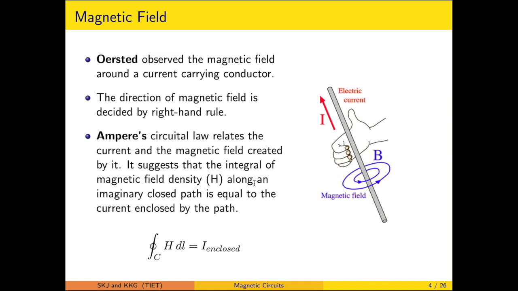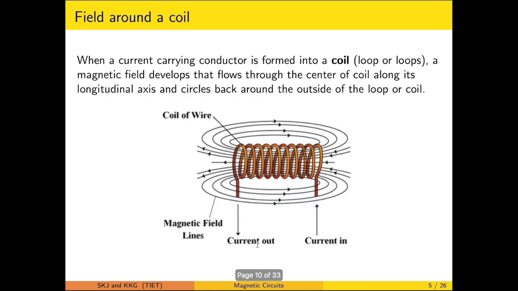However, Ampere has given the mathematical description to find out the magnetic field intensity. He suggested that the line integral of H, which is the magnetic field intensity, around a closed path is equal to the current enclosed by the path. This definition of a single conductor is extended to a coil or loop.